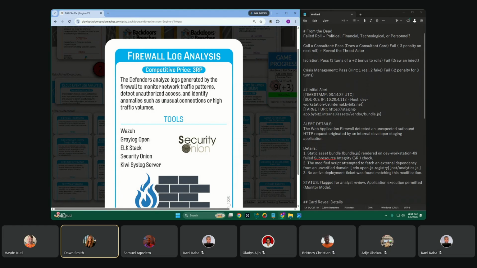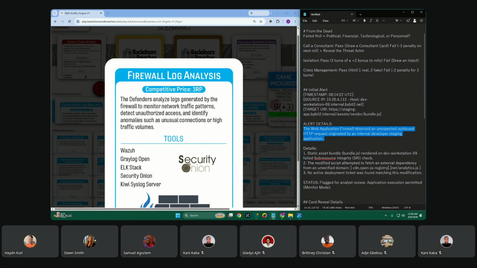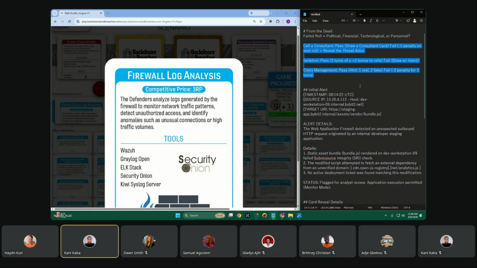I think that we've found the initial attack, the access. So at this late in the game, with only 3 rolls left, I think we need to remediate, isolate. I don't know. What do you think? I believe so.